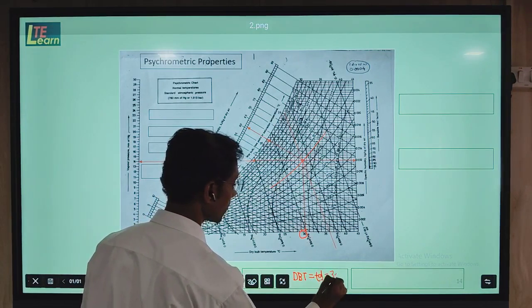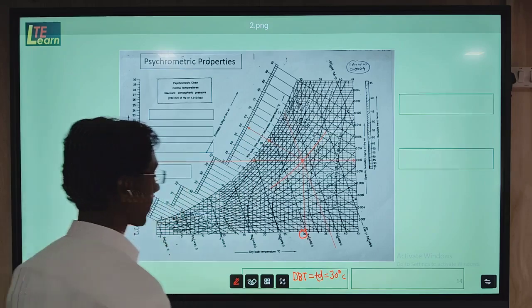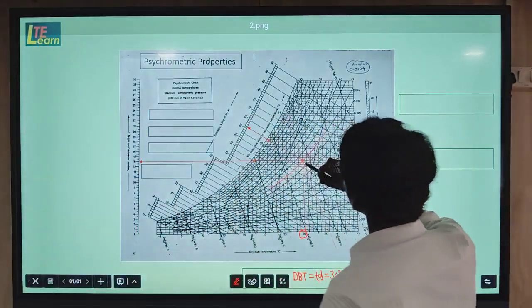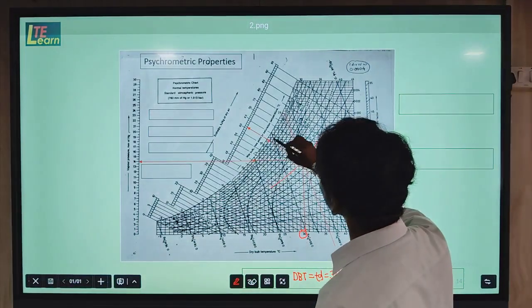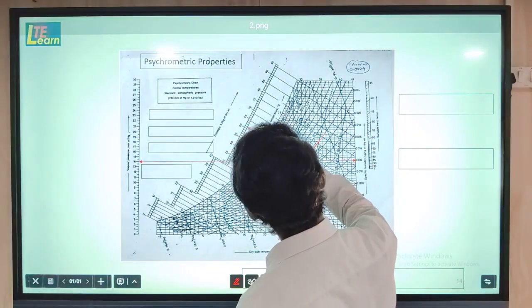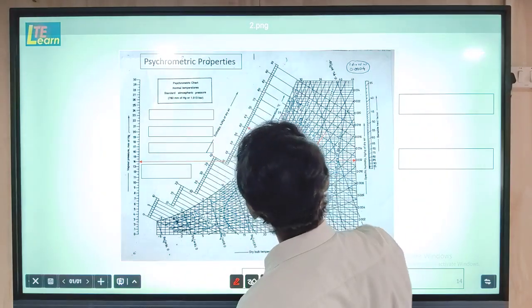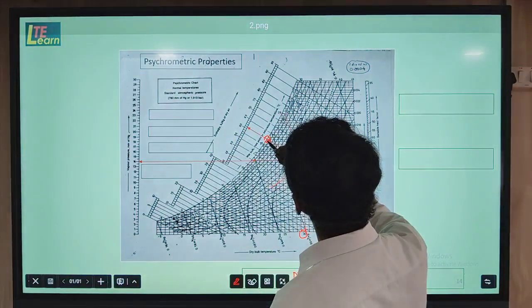TD is equal to 30 degree Celsius. Then from this point, if you go in this fashion, here you will find a point, and the temperature will be what?